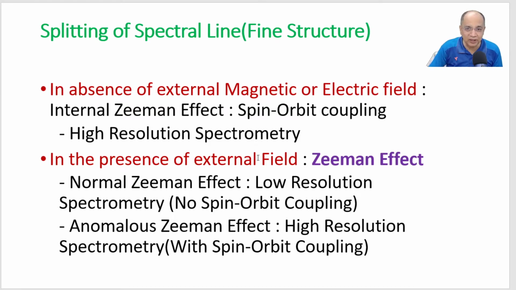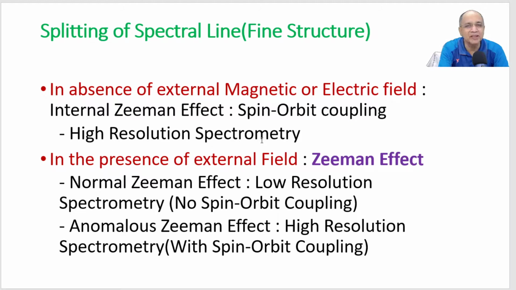So I have written here that there are two types of splitting. I mean, splitting of spectral line, one into multiplet, one into doublet, one into triplet, or so on, is possible under two situations. One, in the absence of magnetic field, no Zeeman, no Stark. In that case, it is due to the spin orbit coupling, LS coupling.